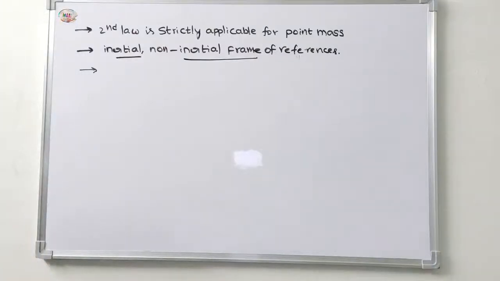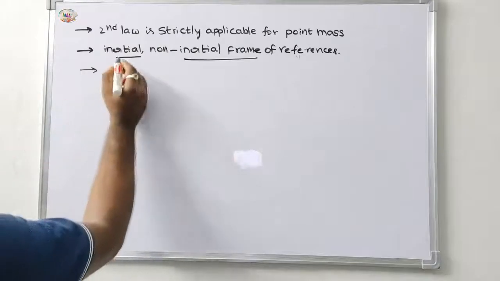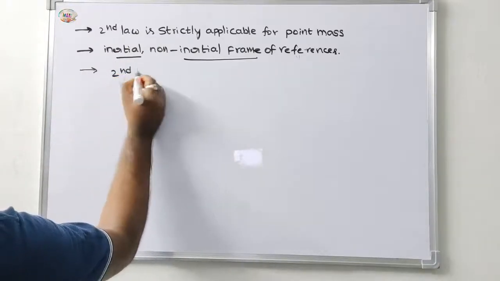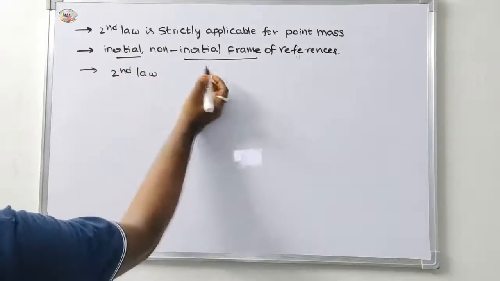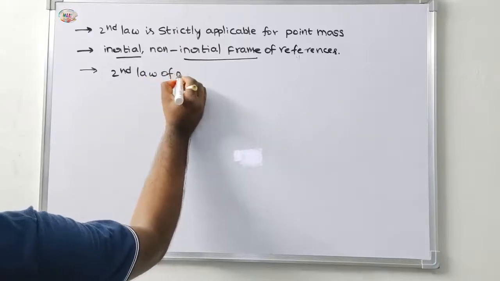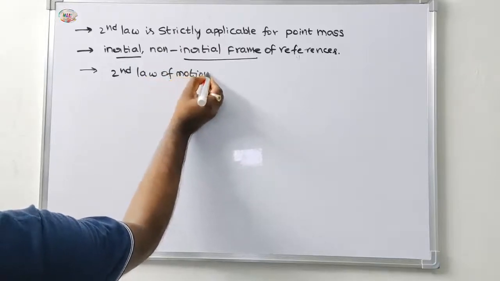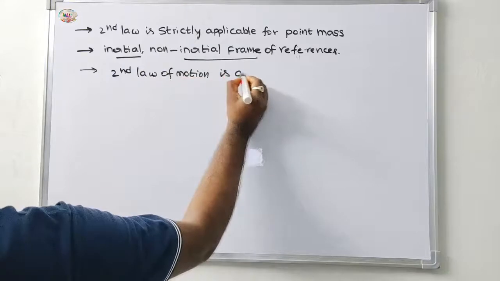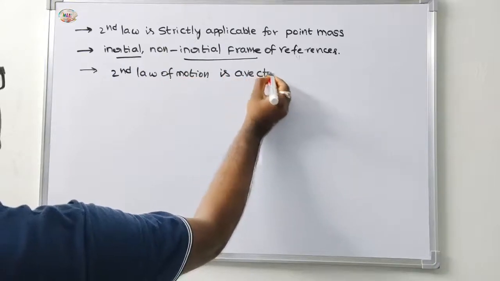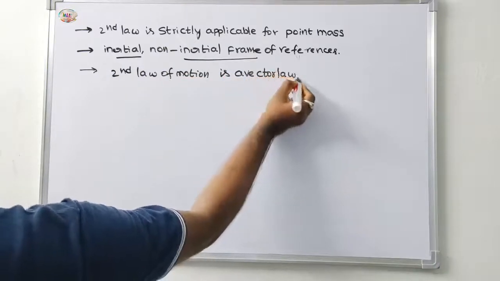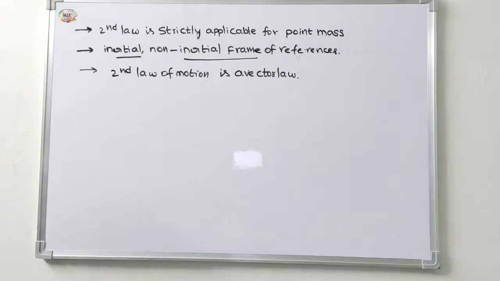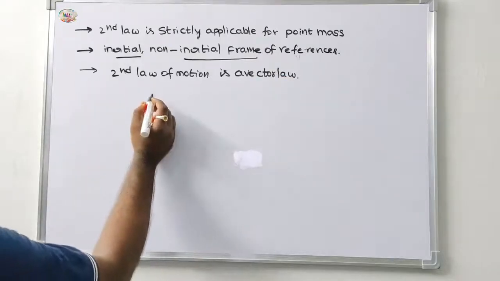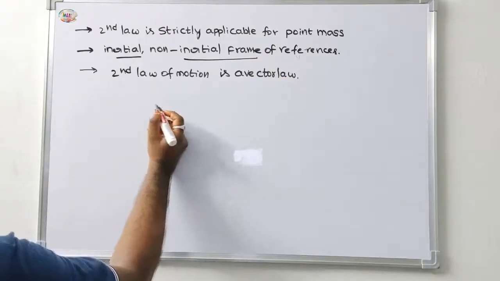The last point is that the second law of motion is a vector law. It is a combination of three vectors in mutually perpendicular directions.